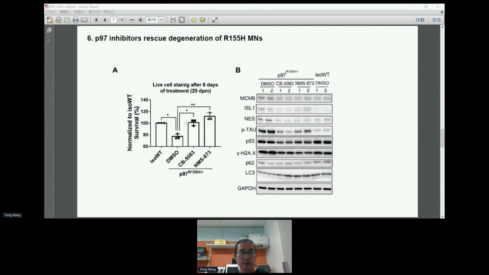After 6 day treatment, we can see it can rescue the neuron loss in the mutation neurons. And the Western blot also showed it can rescue the biomarker changes. It means the P97 inhibitor might rescue the neurodegeneration caused by P97 mutation.